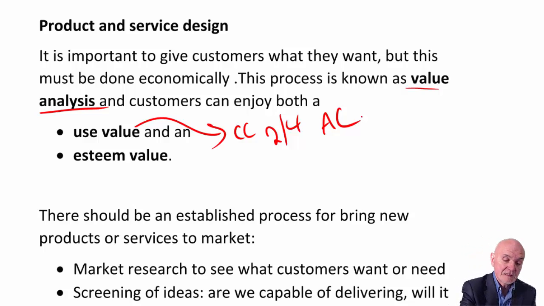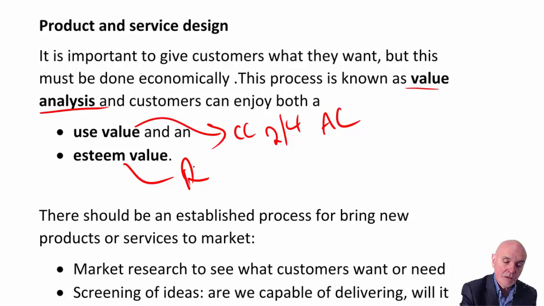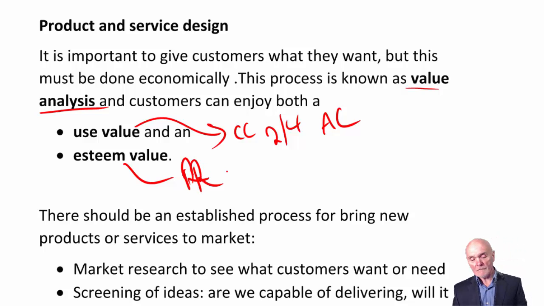But then there is esteem value. Esteem value is your perception of quality, style, how good the car is, quite divorced from use value. So let's say the car company was Rolls-Royce, looking around for ways in which it could save a bit of money.